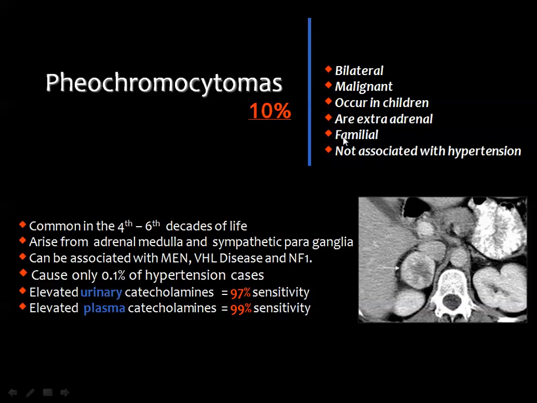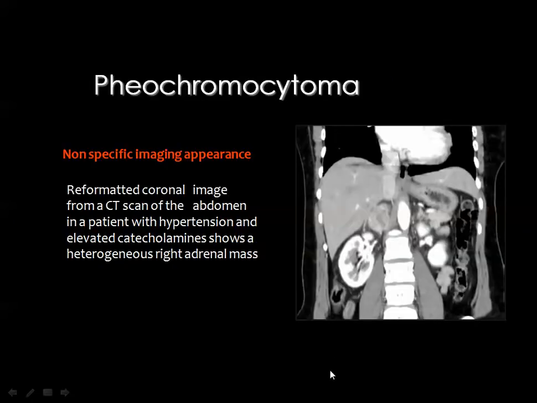10% have a familial predisposition, and 10% are not associated with hypertension. Then if you see a lesion like this, you can see that there is a suprarenal mass on the right side posterior to the IVC. A suprarenal mass together with the presence of hypertension and the elevation of the catecholamines in urine or in the plasma is almost diagnostic of a pheochromocytoma.